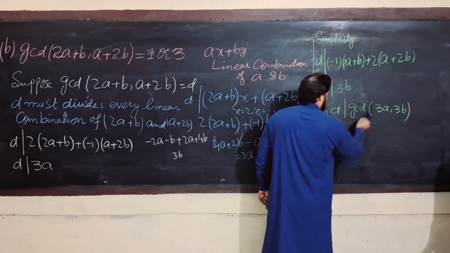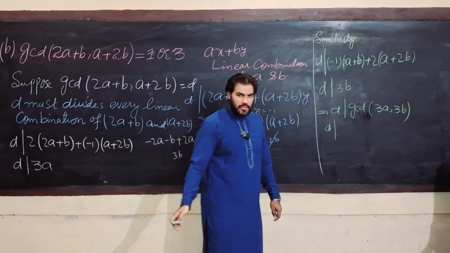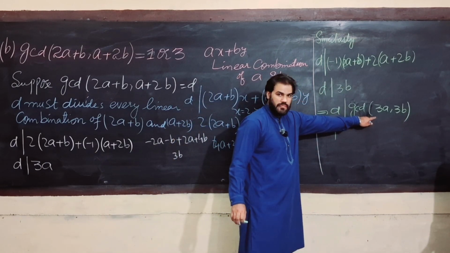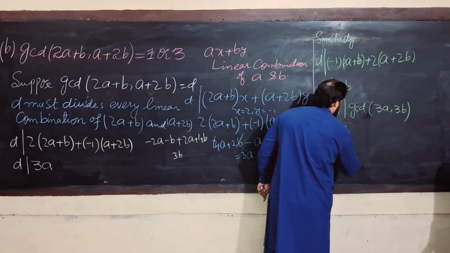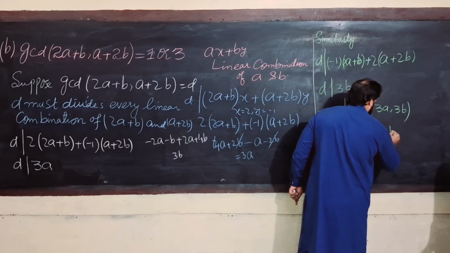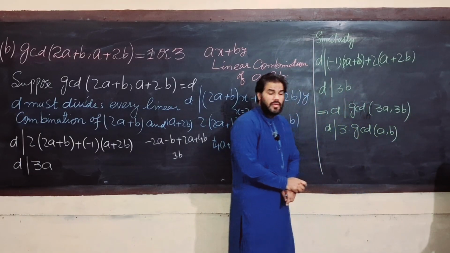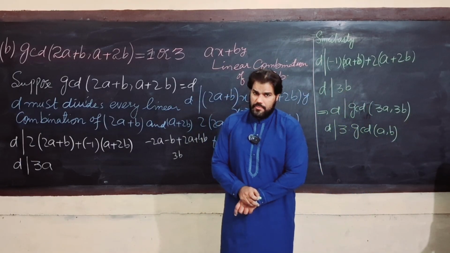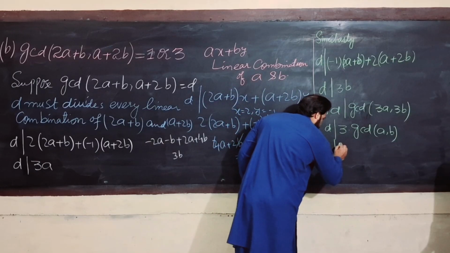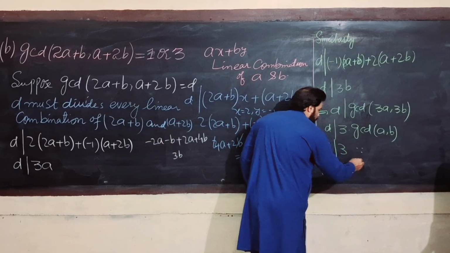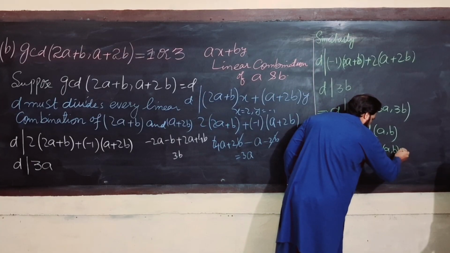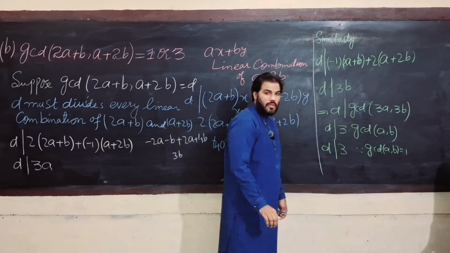By using theorem 2.7 that I have discussed in the first part, we can take 3 as common because 3 is a positive integer. This can be written as 3 into GCD of A and B. As GCD of A and B is equal to 1, this becomes D divides 3.